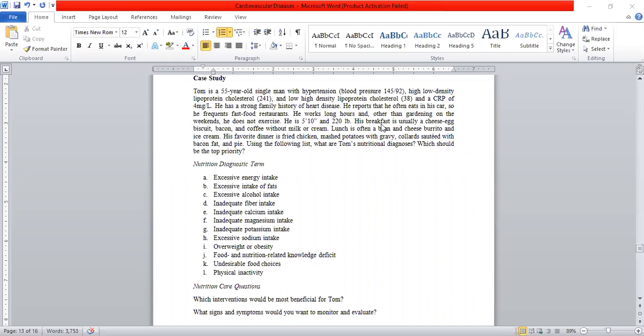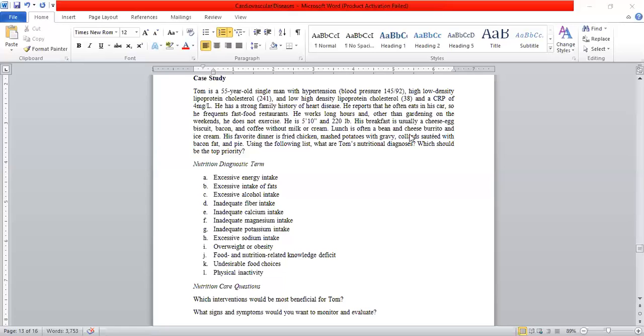Okay, then his breakfast is usually cheese, egg, biscuit, bacon, coffee without milk or cream. So you see, bacon is very high in fat. If you check, cheese is also very high in fat, and these are the trans fats and the saturated fats, which are supposed to be discouraged when a person is suffering from any type of CVD.